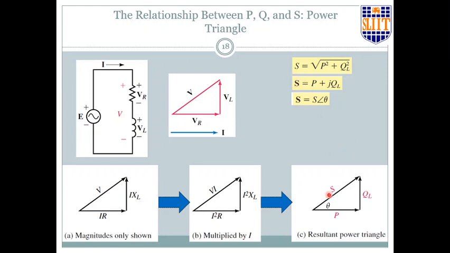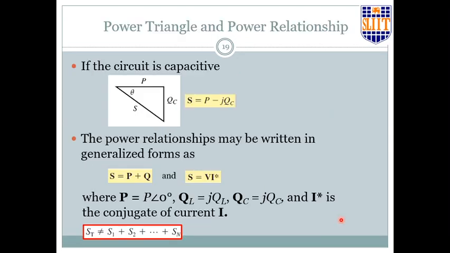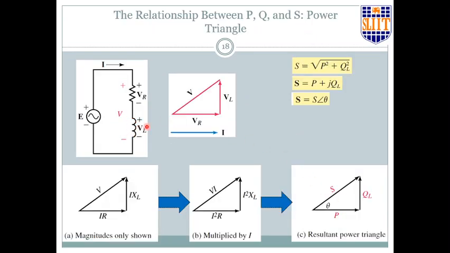All these are not complex values, but to represent it we can write S is equal to P plus jQ, and in the complex number domain it can be represented as S angle theta. That angle is tan inverse of Q over P, QL over P.